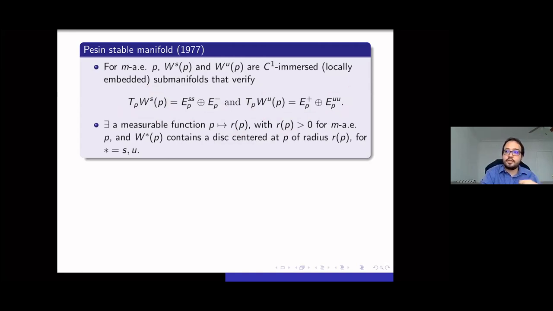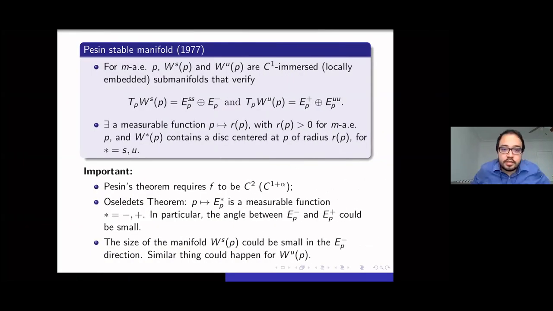The size of these disks contained in your stable or unstable manifolds changes measurably with your point. You can get some continuity if you look at some type of Lusin blocks for this type of theory, which are called Pesin blocks. But the thing is that these things change measurably.